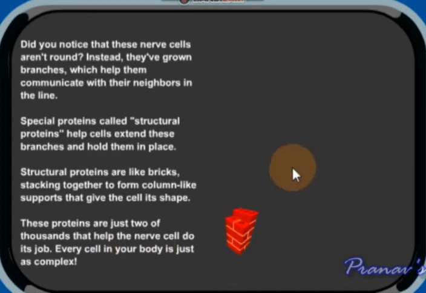These proteins are just two of thousands that help the nerve cell do its job. Every cell in your body is just as complex.